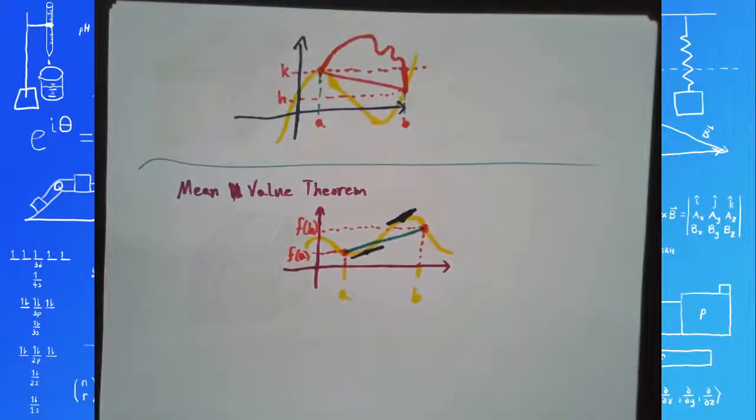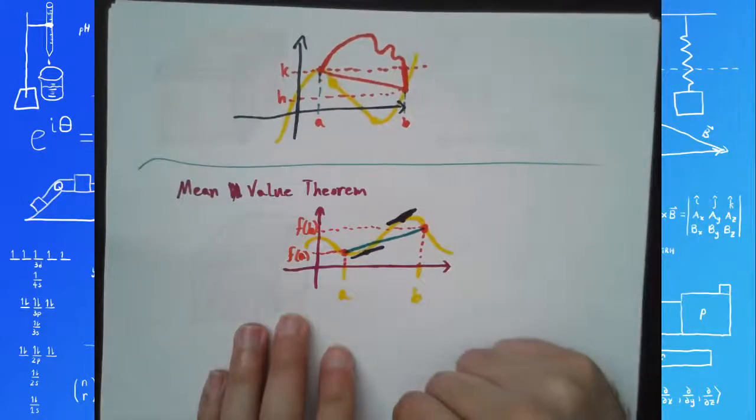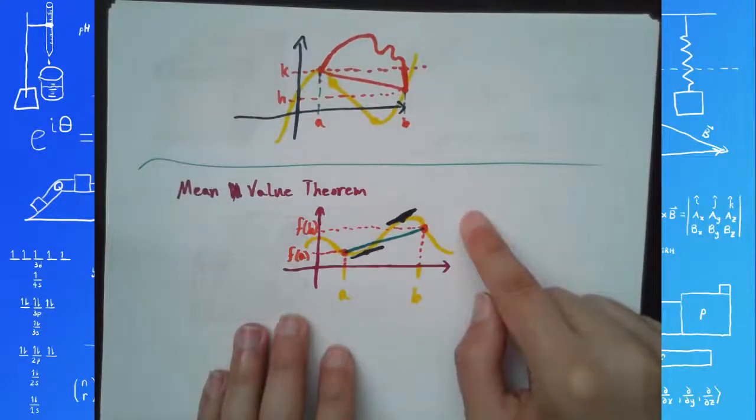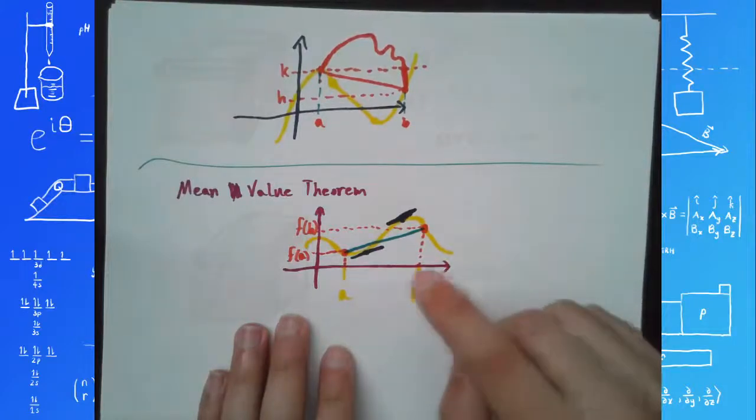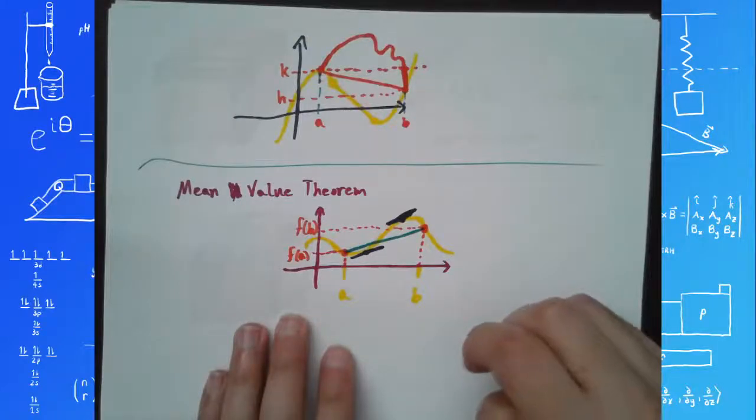So that's guaranteed to happen at least once, and could happen multiple times. In fact, it could happen an infinite number of times if you just had a straight line along the way that's parallel to the secant line, if not the secant line itself.